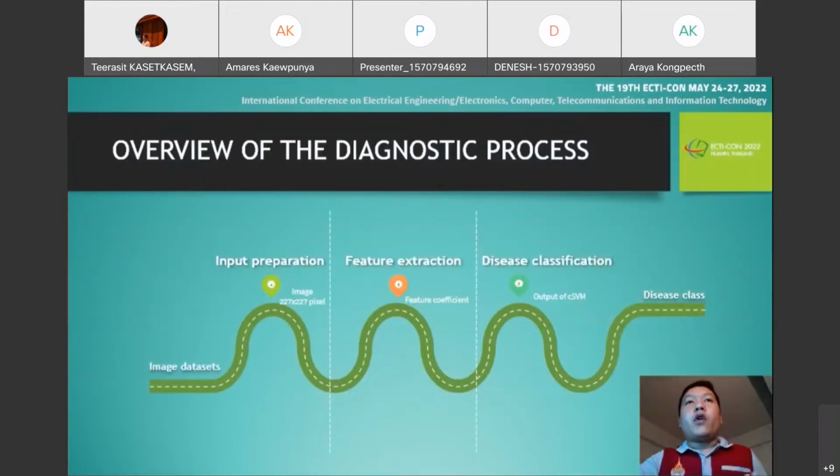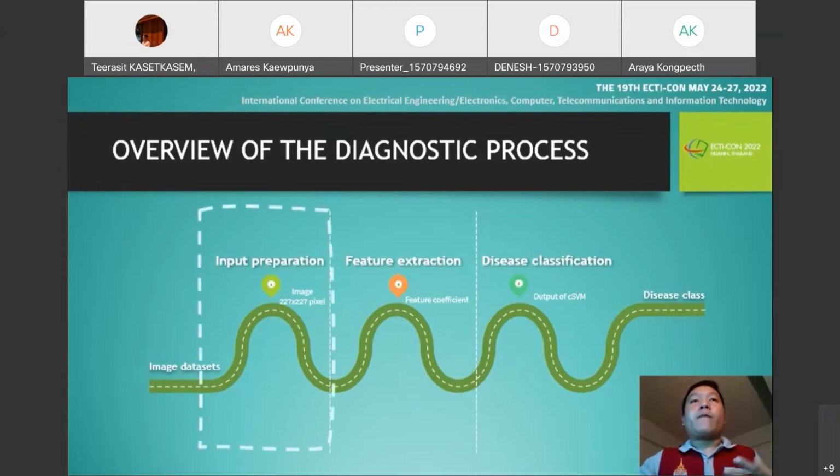So the overview of the diagnosis system includes three main processes: input preparation, feature extraction, and disease classification. Before we get the disease output, we have to pass through the three main processes. The first one is the input preparation process.